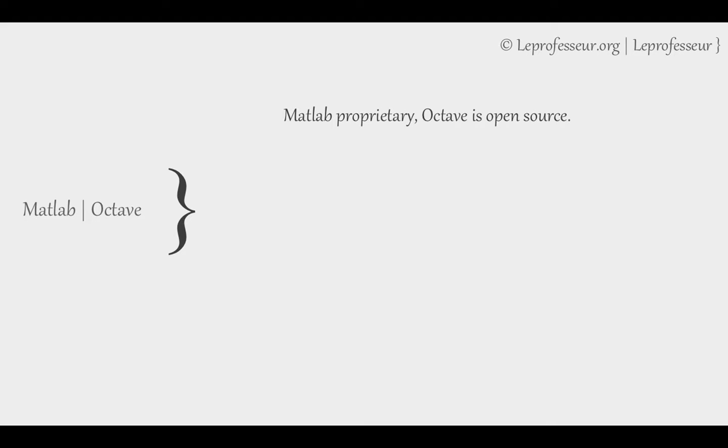However, Matlab has been there for many years, and has so many inbuilt libraries, functions, and different toolboxes. So if you're going to use Octave, you might have to write your own functions or libraries.